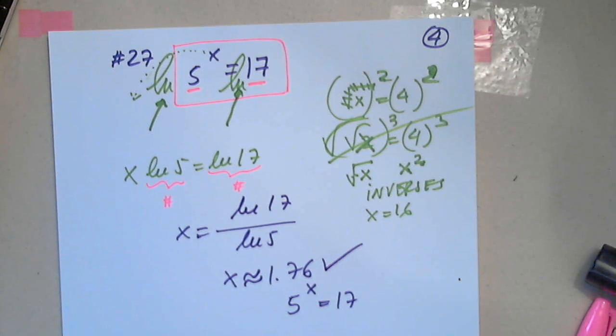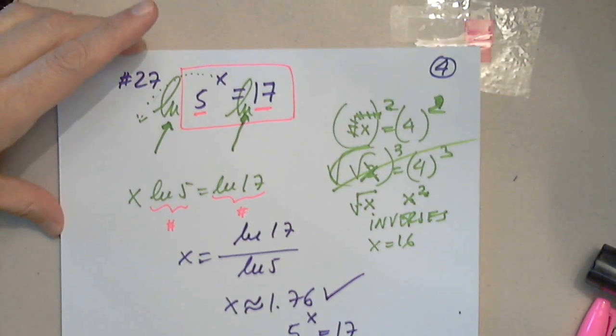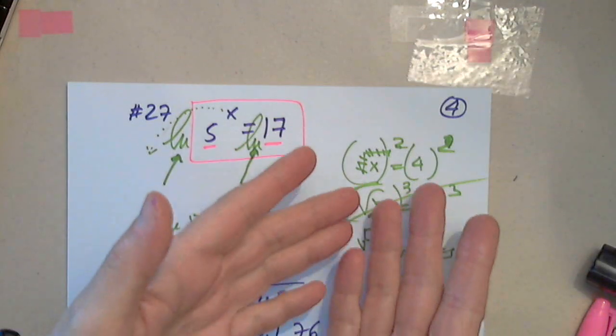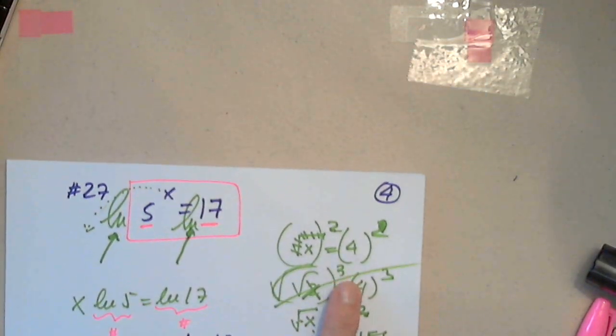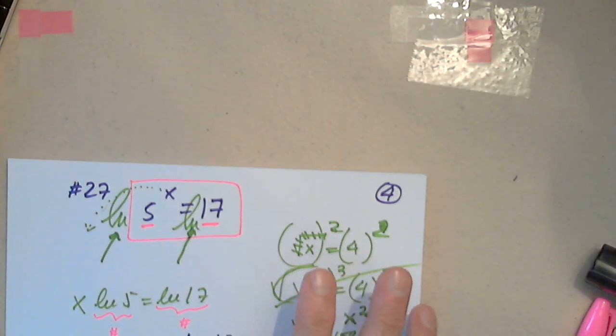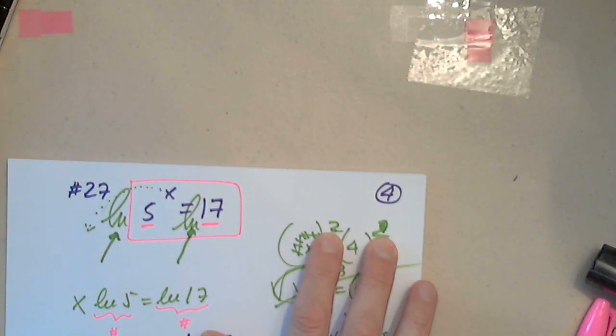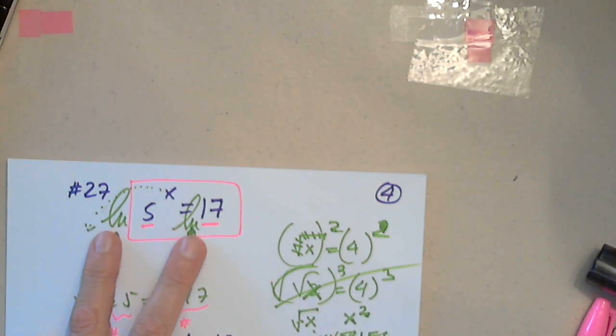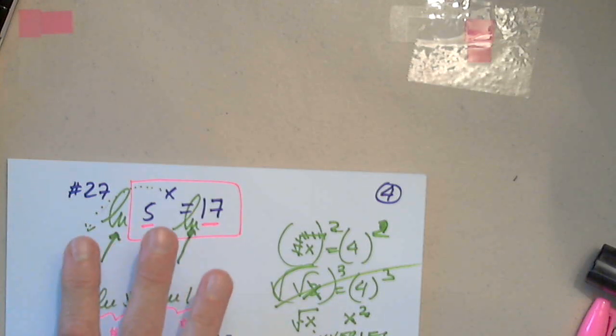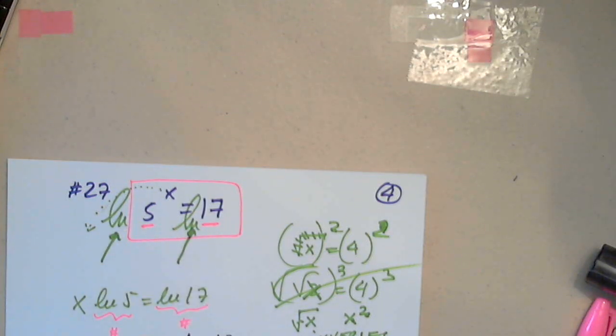So what's with this procedure? This is applying the inverse function to both sides, like we did with this equation. We applied power 2. We squared both sides to get the answer. Here, we have to apply natural log. Can you apply common log? Yes, as long as you apply it to both sides. You get the same answer.